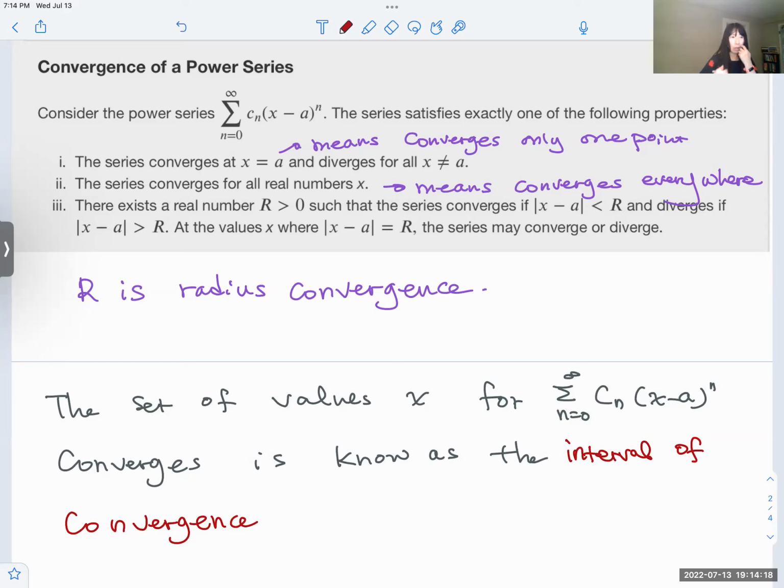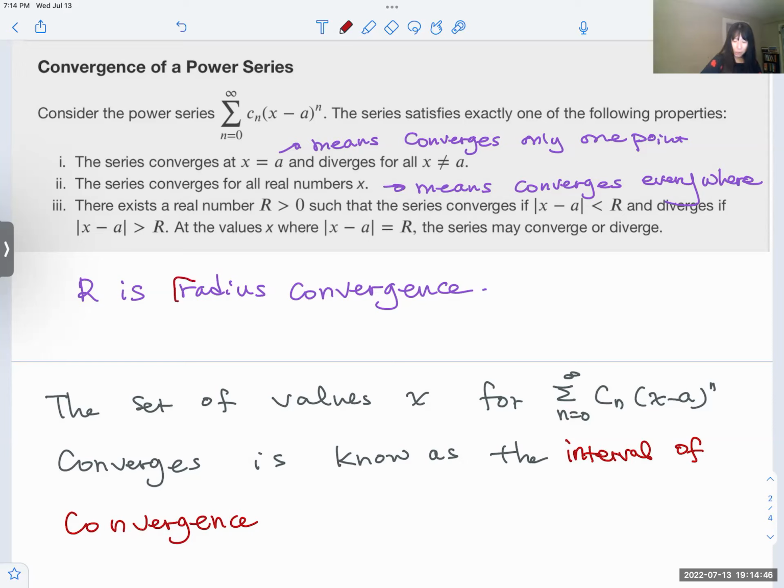Okay, now we talked about radius of convergence. So the radius is R. Let me just write: R is the radius.